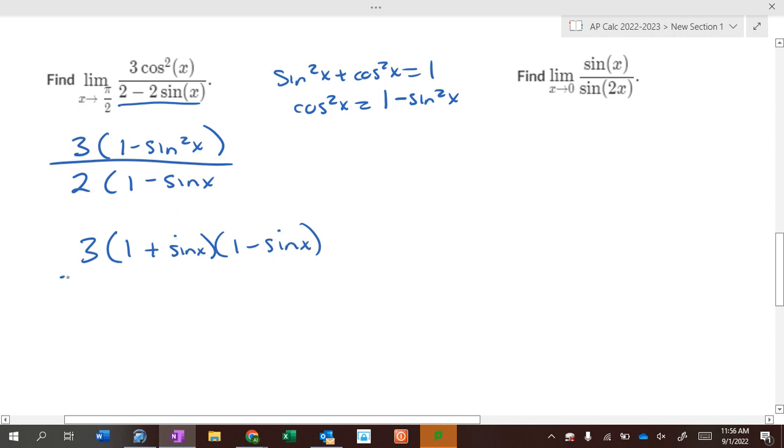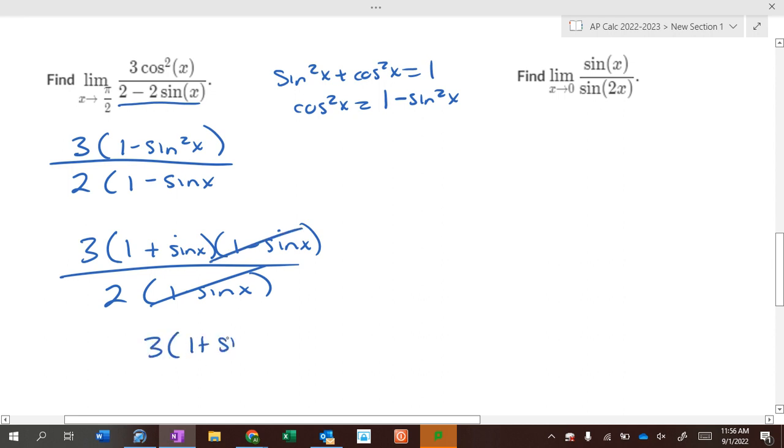Okay? And 2 times 1 minus sine of x. So in the end, we have 3 times 1 plus the sine of x over 2, and the sine of x is the sine of pi over 2. What's the sine of pi over 2? 1. 1 plus 1 is? So it's 3 times 2 divided by 2. 2's cancel, so it's 3.